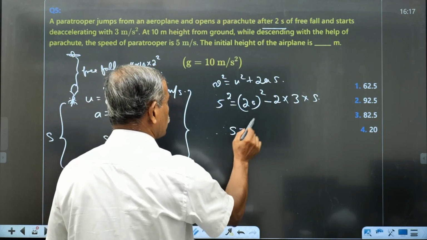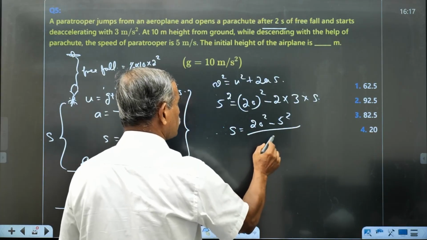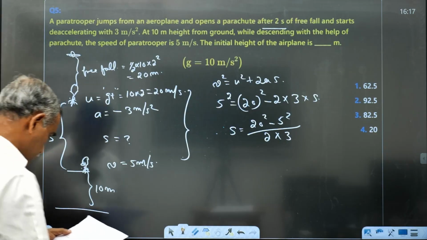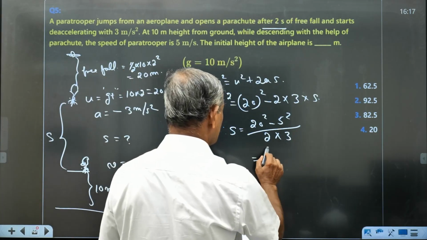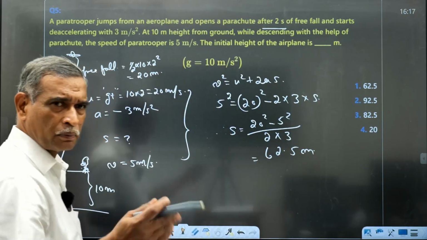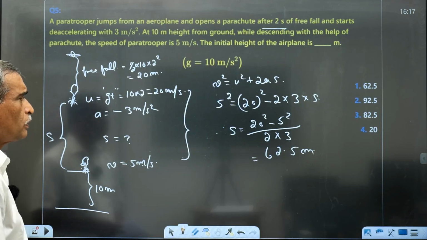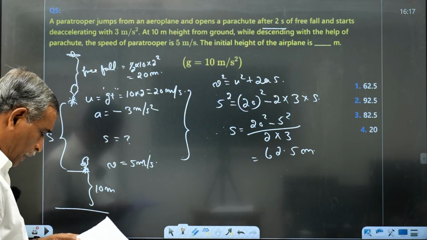From this, s is equal to 20 squared minus 5 squared by 2 into 3. On calculation that is 62.5 meters. Mathematically, that is 25 into 15 by 2 into 3, which equals 62.5.